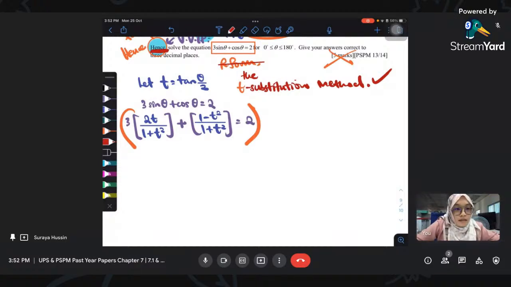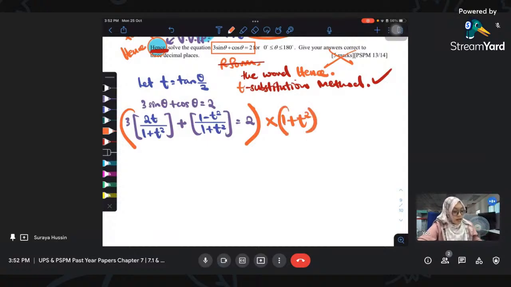Mati dah laptop tadi. So the word hence. Okay, therefore we gotta apply t substitution and then times it with 1 plus t squared. Okay, kita darabkan dengan 1 plus t squared.